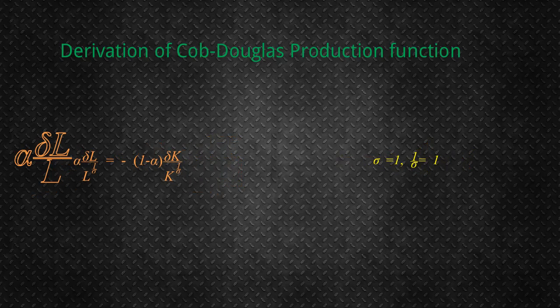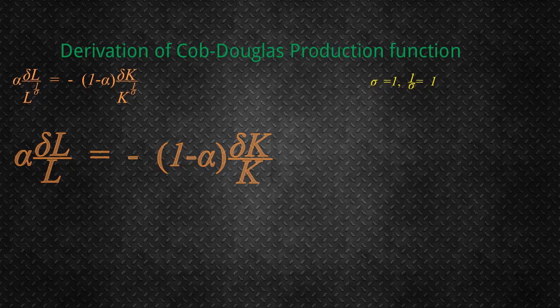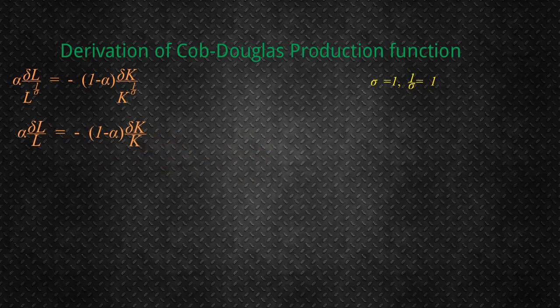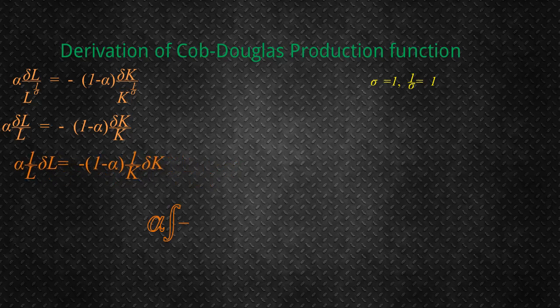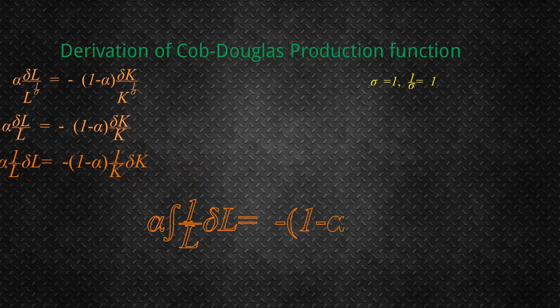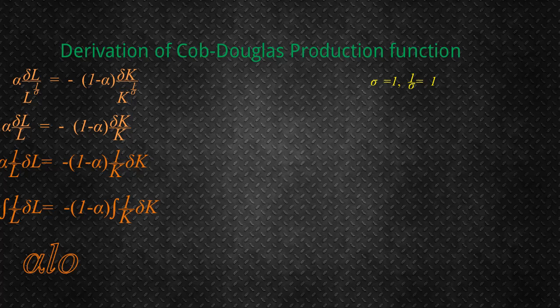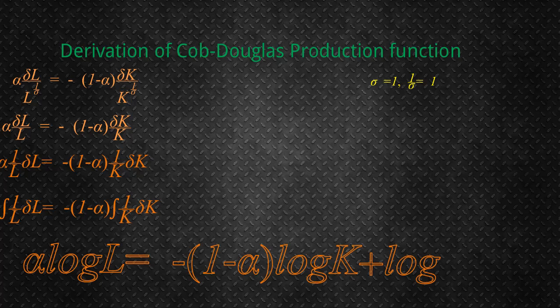Replacing 1 over sigma by 1 and rearranging the position of del L and del K, let's take the integral on both sides, which gives alpha times log of L is equal to negative of 1 minus alpha times log of K plus log of h of y.